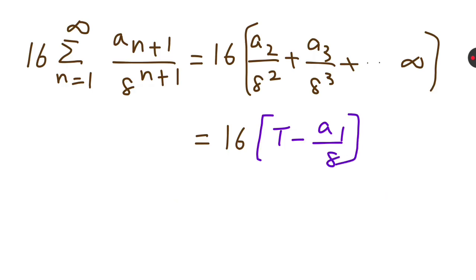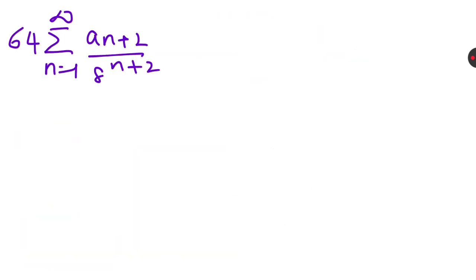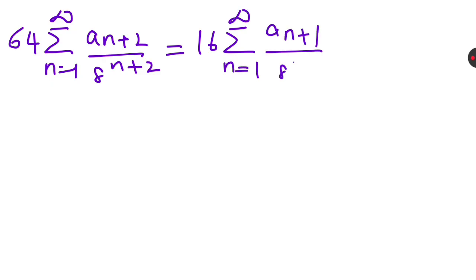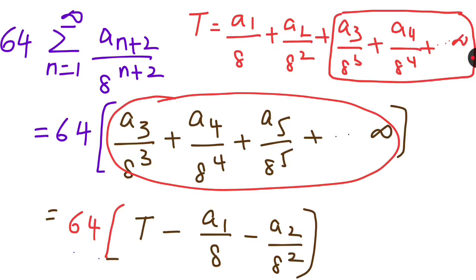Now let's take the left hand side and right hand terms. So left hand side, what we have? 64 summation n equal to 1 to infinity a n plus 2 over 8 to the n plus 2. So let's take that. That is equal to the right hand side first term, 16 summation n equal to 1 to infinity a n plus 1 over 8 to the n plus 1, plus capital T. This 64, the left hand side, after we convert it in terms of T, we got this 64 times T minus a1 over 8 minus a2 over 8 power 2.